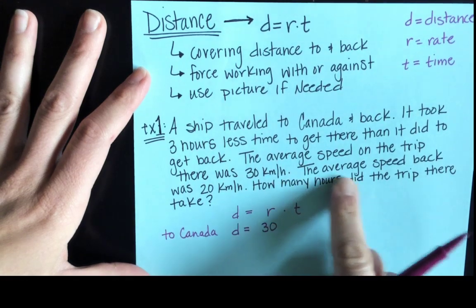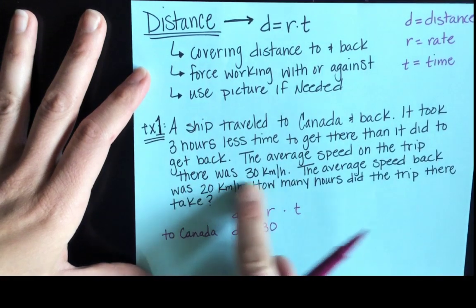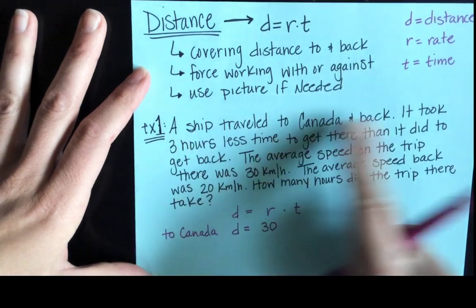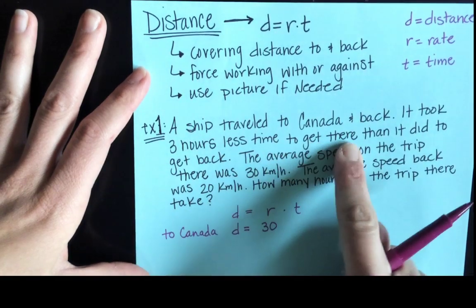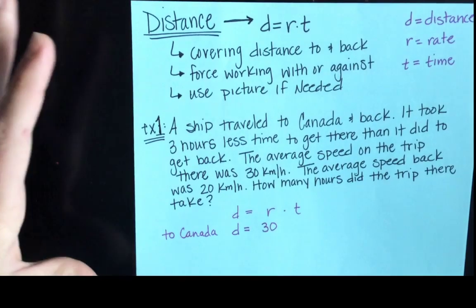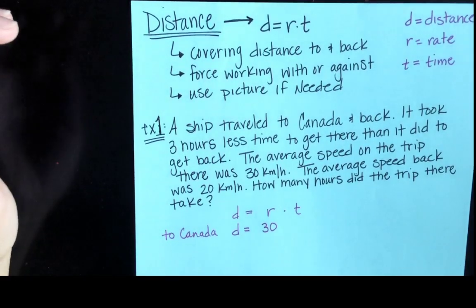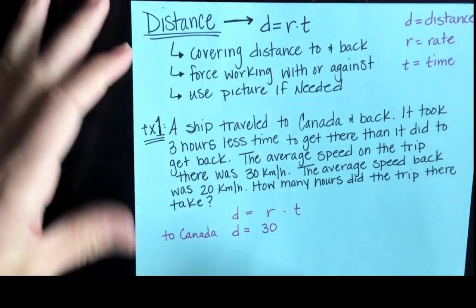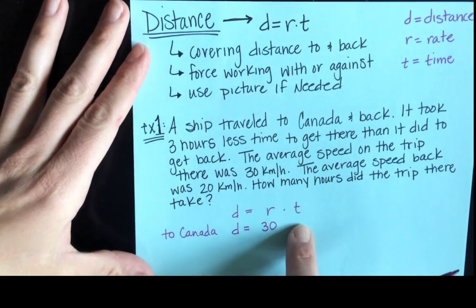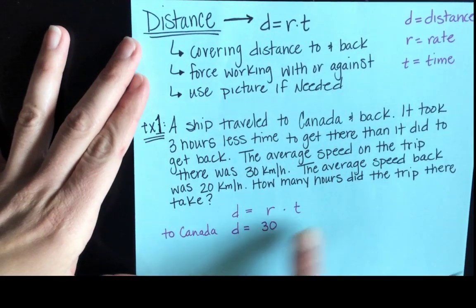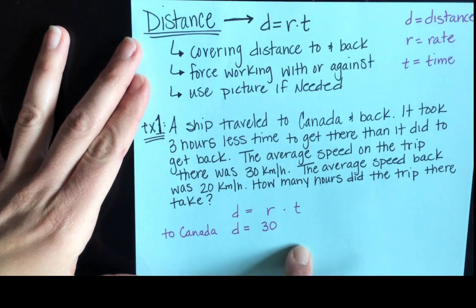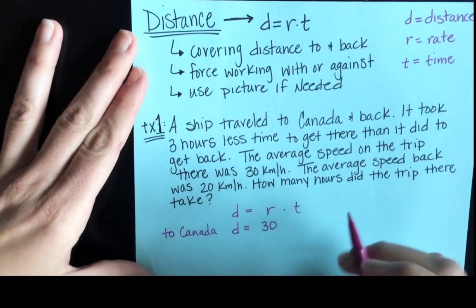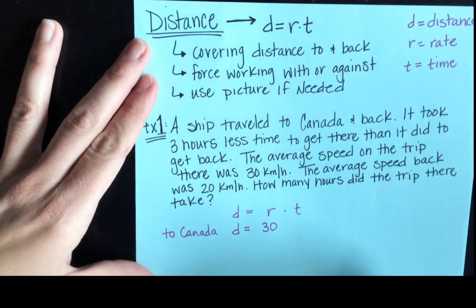And it does say the average speed there was, and it says it took 3 hours less time to get there. Well, I need to figure out, how am I going to show time? Do I want to say that to Canada was time minus 3? Do I want to talk about coming back was time plus 3? I will show you in a minute, it doesn't matter.